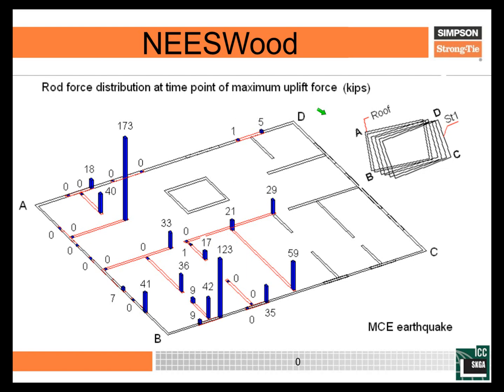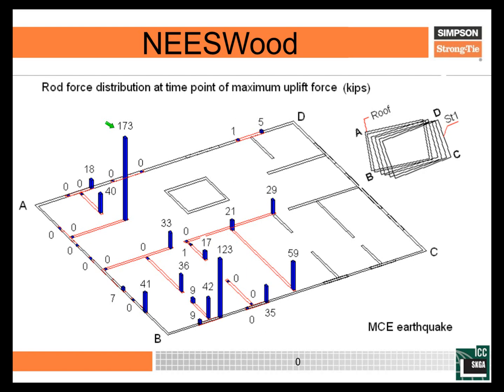And we were able to get actual peak demands that were generated during this maximum considered level event. We have this value over here of 173 kips, obviously pretty high load there. Now this 173 kips was on 2 rods, as we had side-by-side shear walls in this condition.